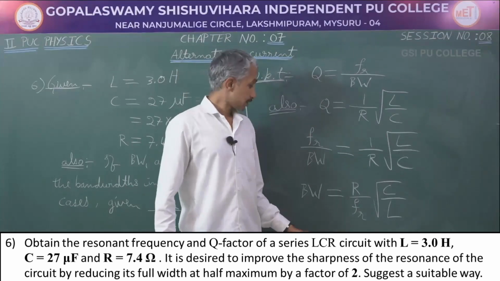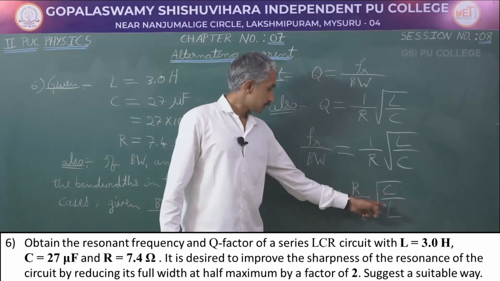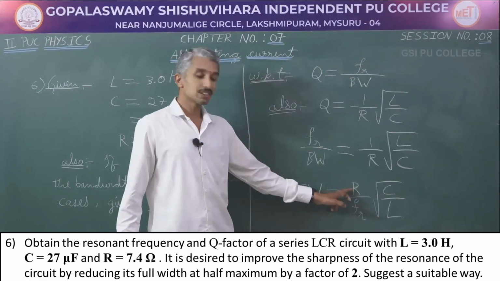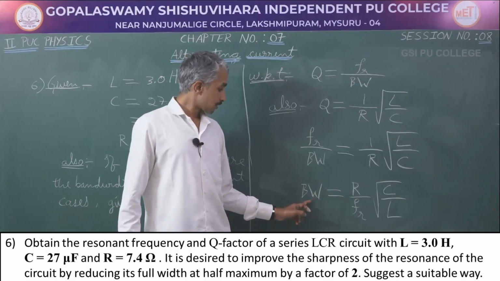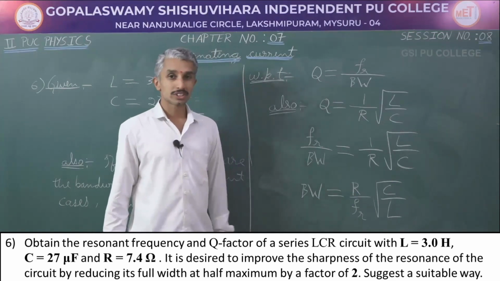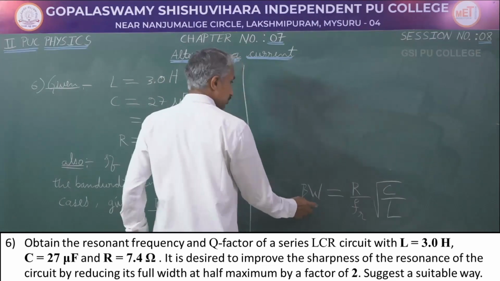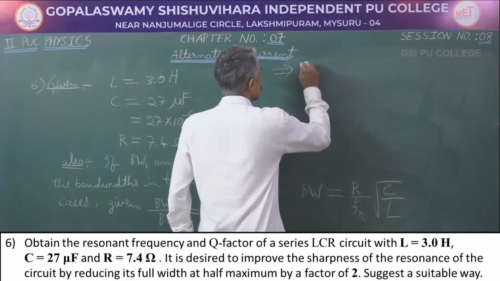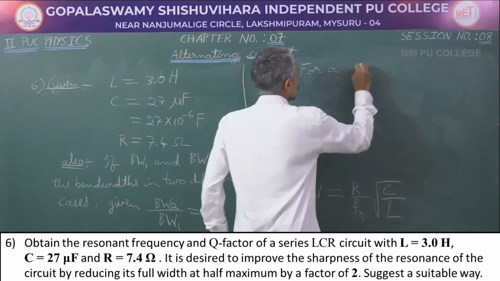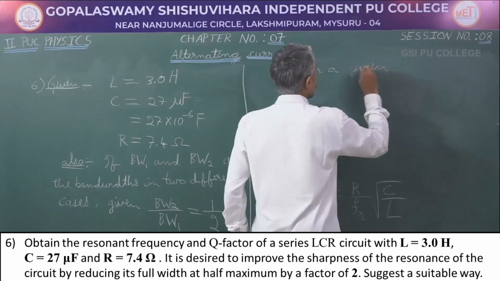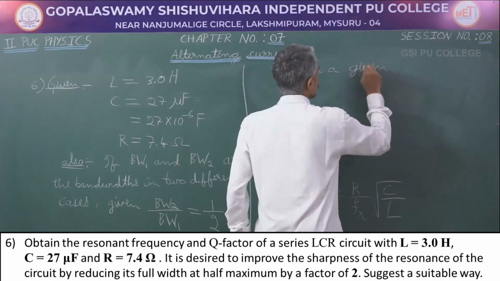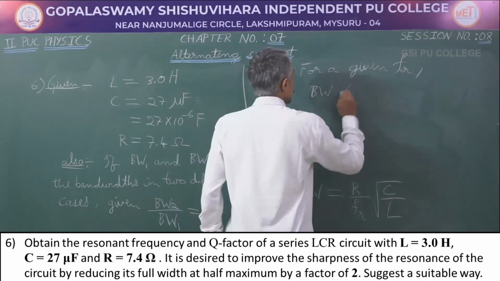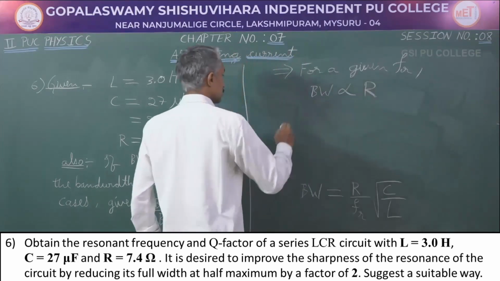For a given resonant frequency, C, L and Fr are constants. So, if you want to change the bandwidth, then you have to change the resistance. Here bandwidth is directly proportional to resistance. Therefore, this implies that for a given resonant frequency, bandwidth is directly proportional to resistance.